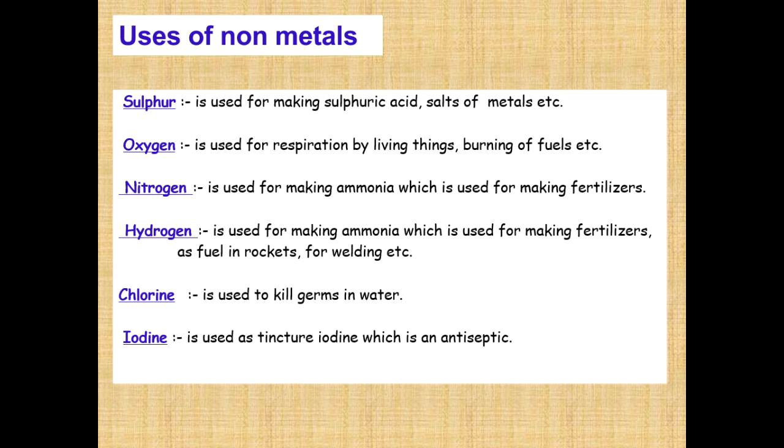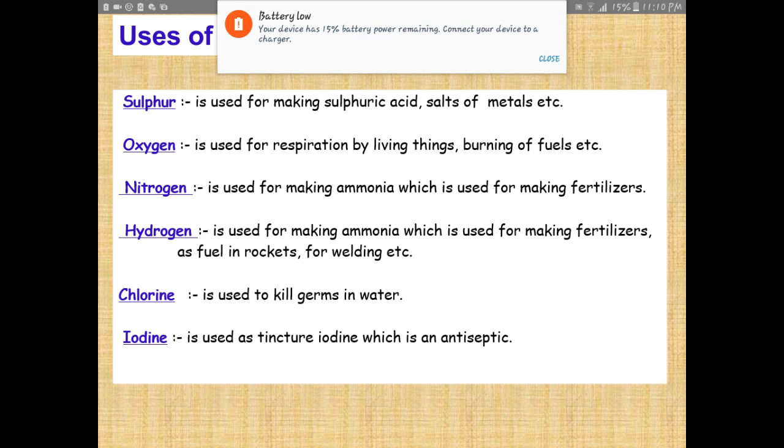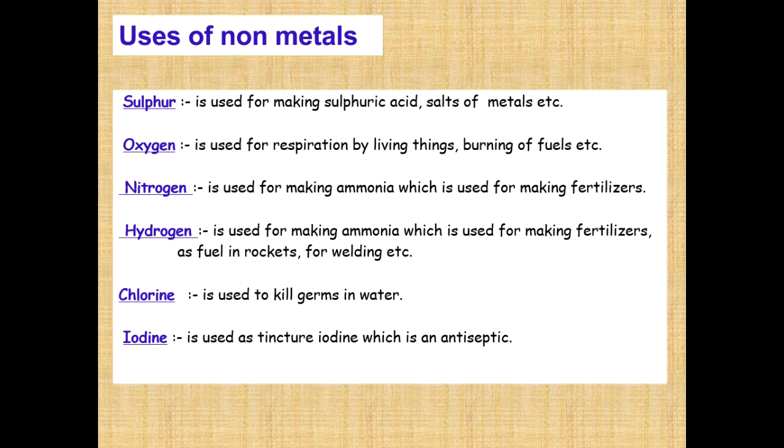Lastly, we will discuss the uses of non-metals like sulfur, oxygen, nitrogen, hydrogen, chlorine, and iodine. Sulfur is used for making sulfuric acid, salts of metals, etc. Oxygen is used for respiration by living things, burning of fuel, etc. Nitrogen is used for making ammonia, which is used for making fertilizers.